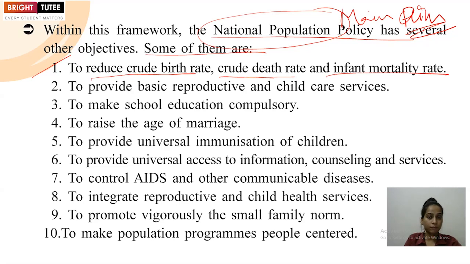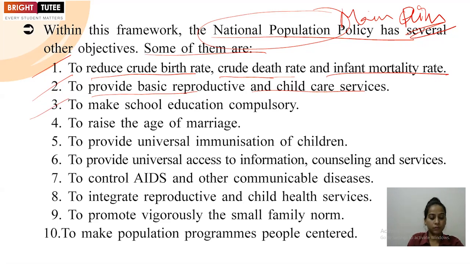Somewhere they are working so that everything should be under control. Second main objective is to provide basic reproductive and child care services. So different departments like ASHA and so many others have been started for providing these services to the people.